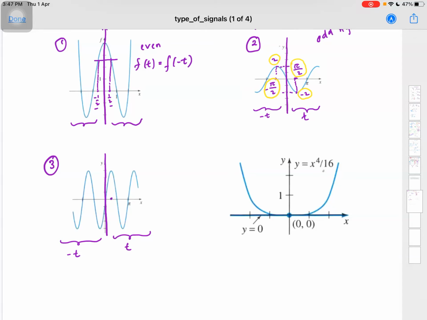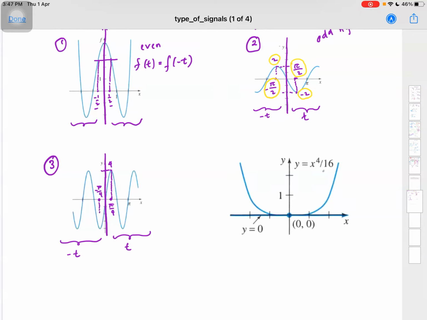Say this point, the amplitude is positive, say 4, and this point is, say, pi over 4 maybe. And this point is similar in terms of time, say minus pi over 4.